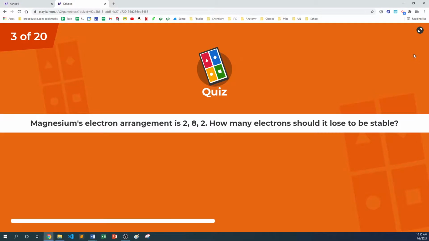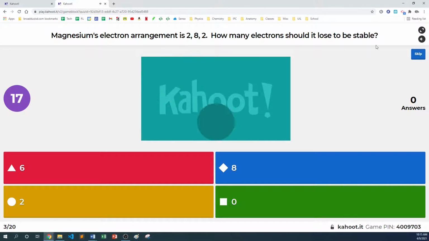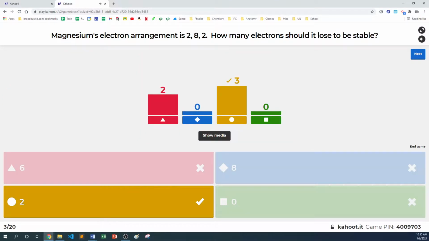Magnesium's electron arrangement is 2-8-2. How many electrons should it lose to be stable? These numbers, 2-8-2, are referring to the energy levels: first energy level, second energy level, and third energy level. So it wants to either gain 6 to make the last one have 8, or lose these 2 so that this middle energy level is the outer one.